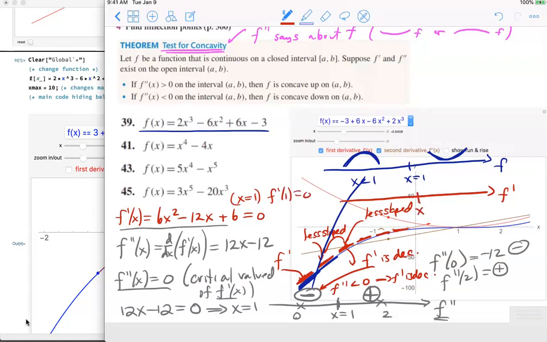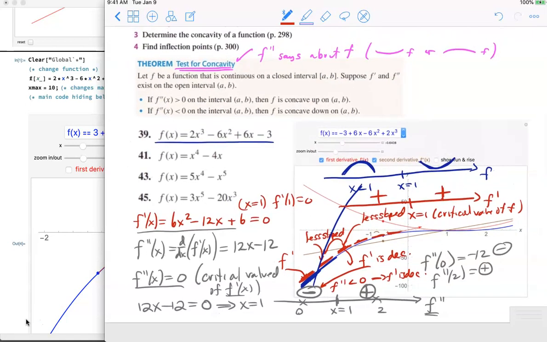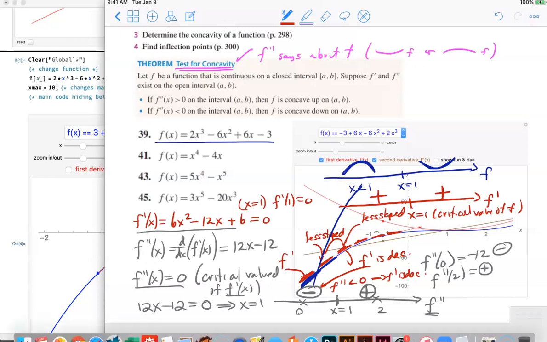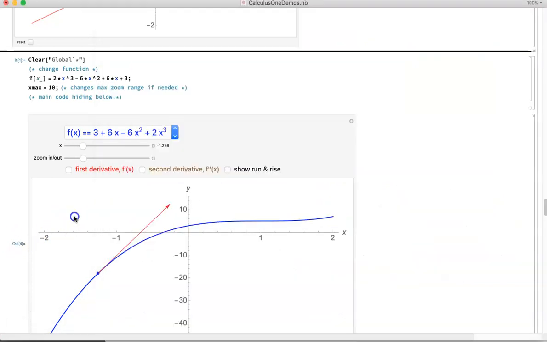So x equals 1 is also a critical value of f. And then if you plug in values, you'll see that the derivative is going to be positive and positive. So putting all this information together, we can see that x equals 1 is a very important point in this graph.